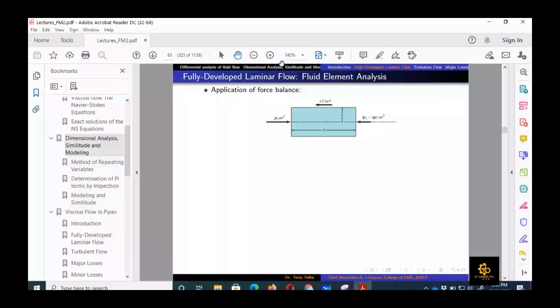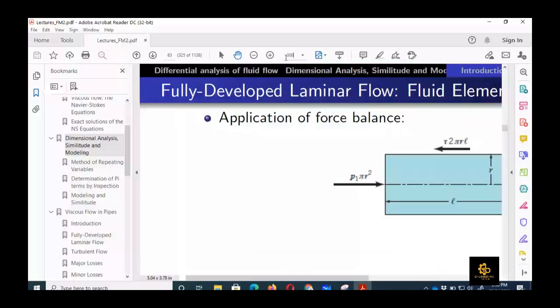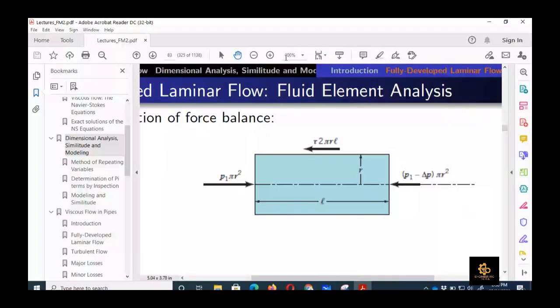Now it is more visible. So here we can see P1 into pi r squared, the cross-sectional area. On the right-hand side, if delta P is the pressure drop, then the pressure on the right-hand side surface, which acts in the negative x direction, because pressure is always a compressive force, is P1 minus delta P.